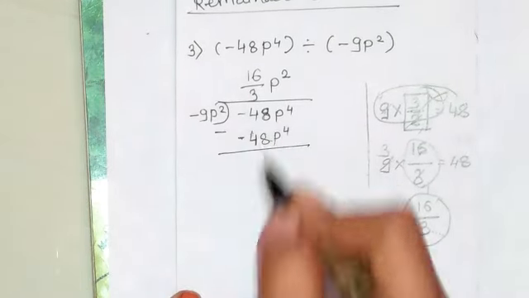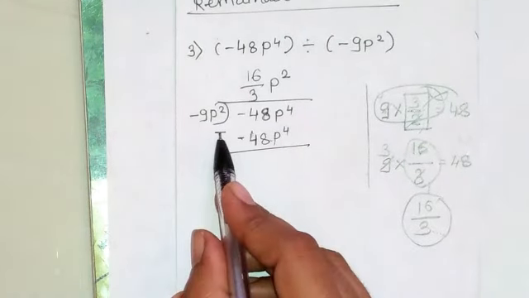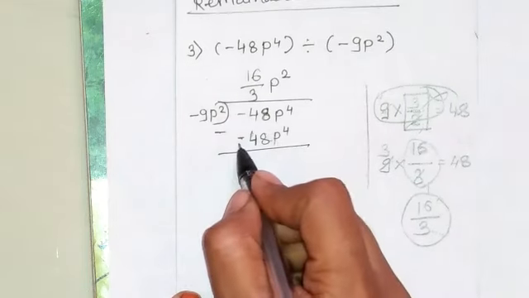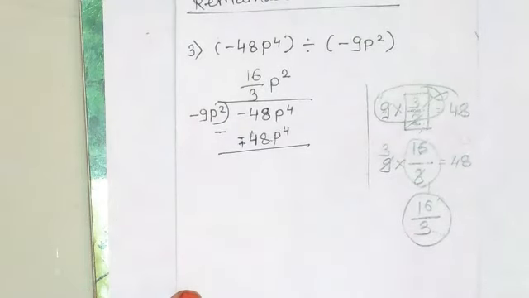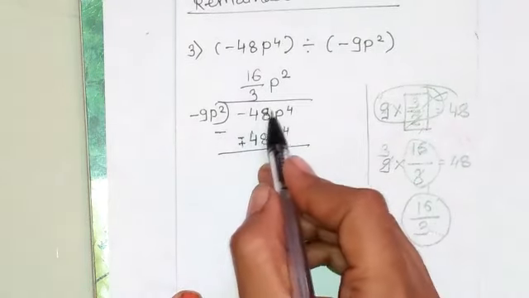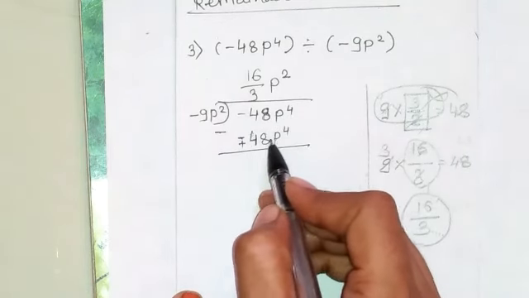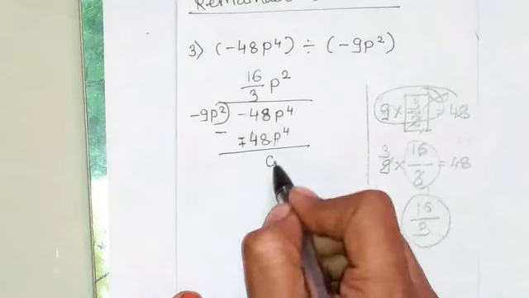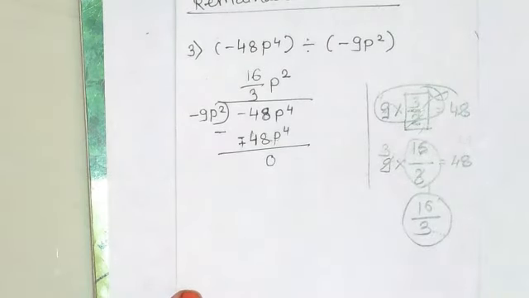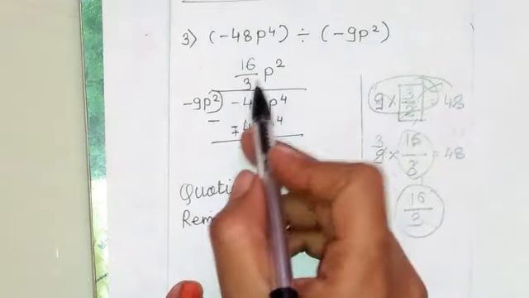Now we have to subtract it. This minus symbol will change the sign, this minus will become plus. So negative 48 p raised to 4 plus 48 p raised to 4, the remainder will be 0. Let's write the answer.